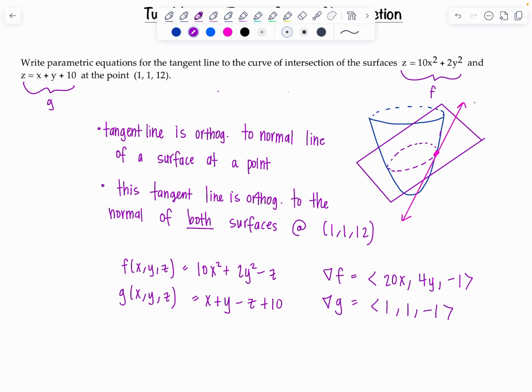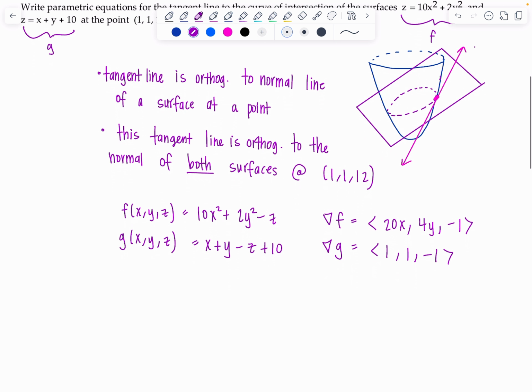Perfect. All right, so let's think about how to proceed. I have this vector, which will tell me a normal vector to the surface at a point. So will this one. That means if we're interested in (1, 1, 12), the gradient of f at (1, 1, 12) would be (20, 4, -1). Gradient of g doesn't change. It's just a plane. Okay, perfect.